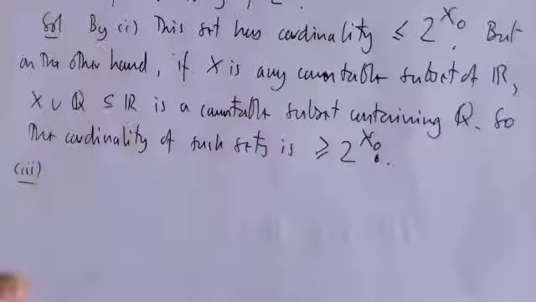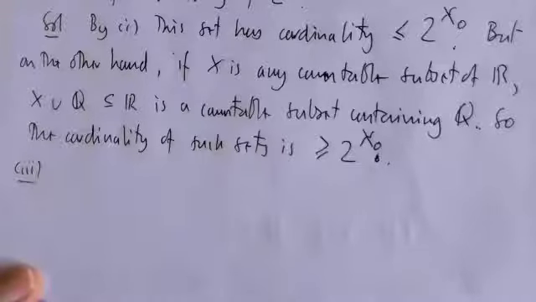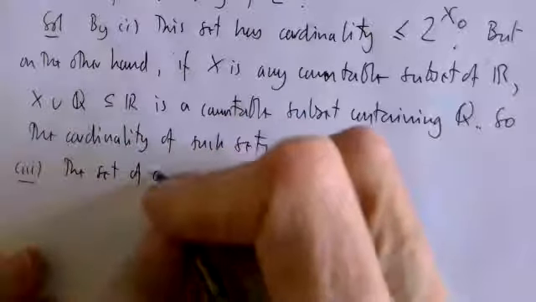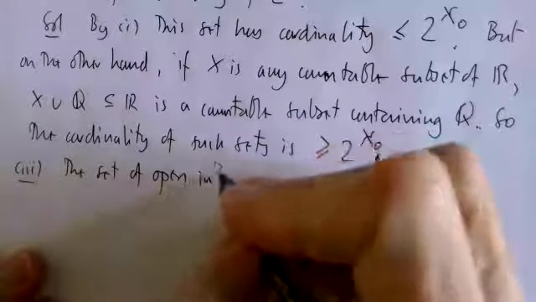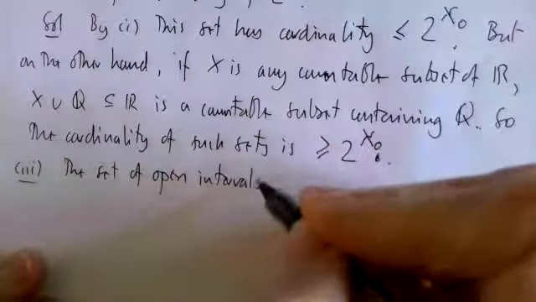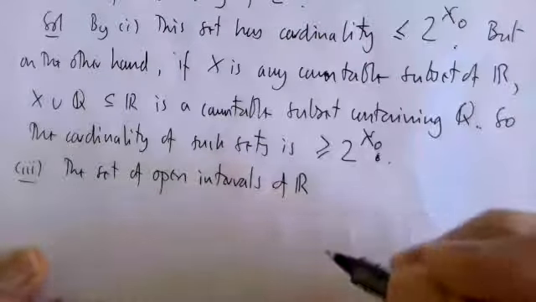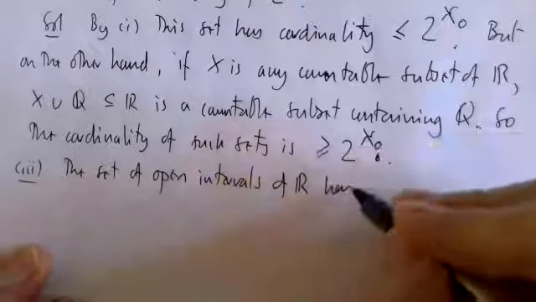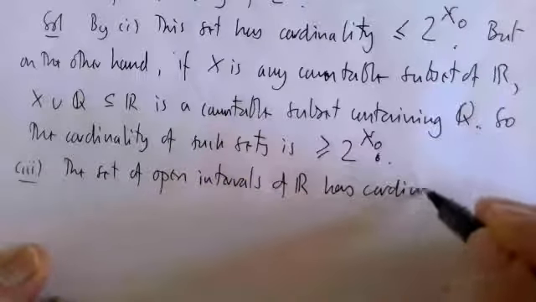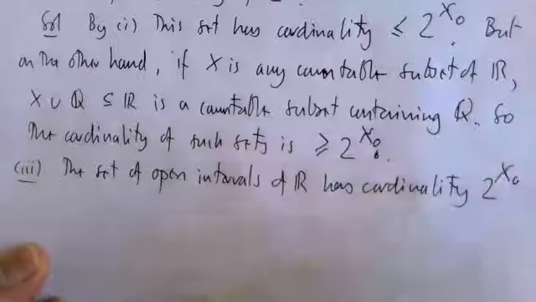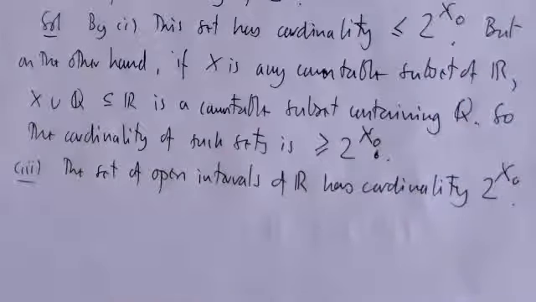And 3 here. The set of open intervals of R also has the same cardinality, 2 to the Aleph 0.